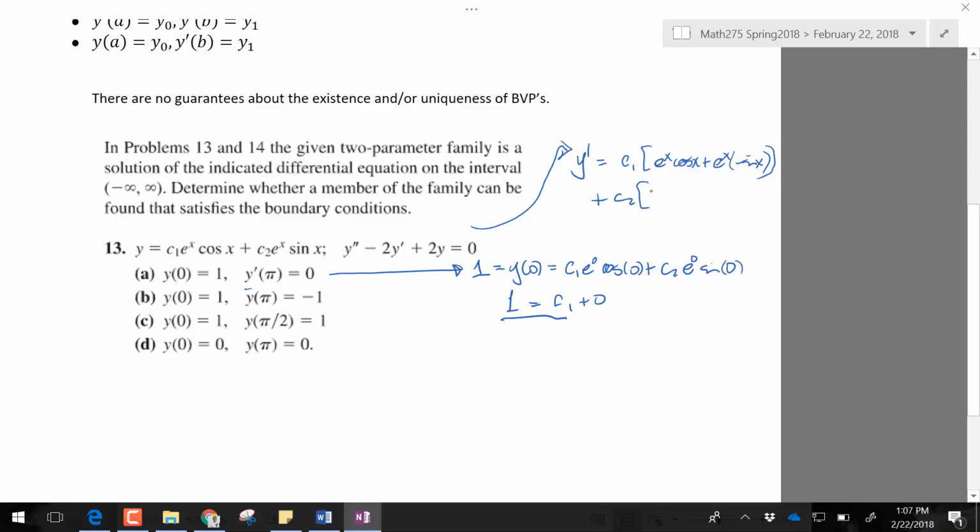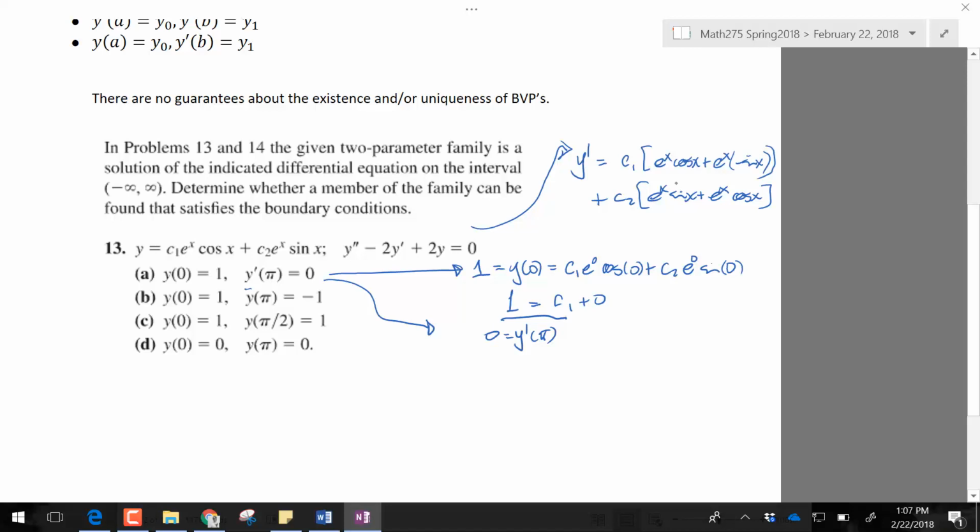C2, we have e to the x sine x plus e to the x cosine x. All right. So we want our derivative, y prime, evaluated at pi, and this has to equal 0.